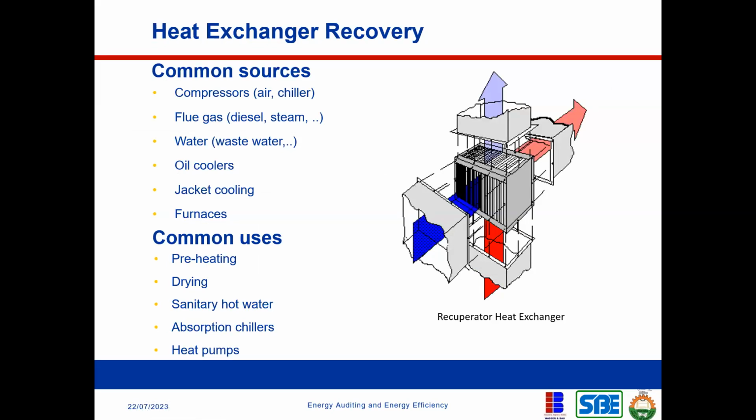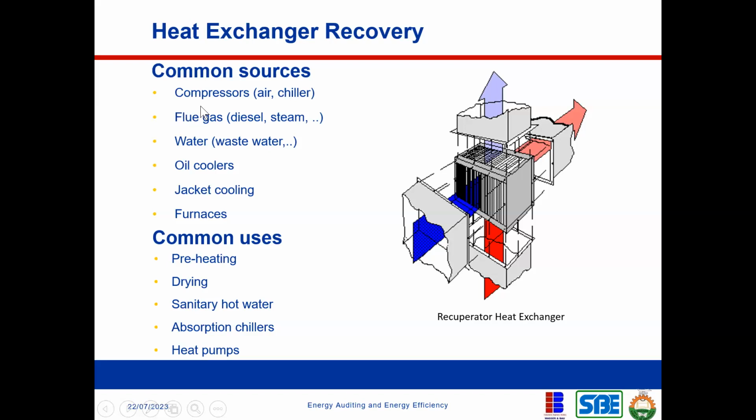So, heat exchanger recovery. We use heat exchangers in economizers. We use heat exchangers in recuperators. We also use heat exchangers inside the industrial processes. So these are just common sources of heat. Compressor, we are going to get to compressor. We are going to look at where heat losses are taking place in compressed air systems.